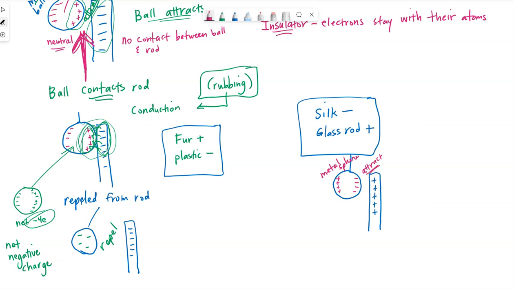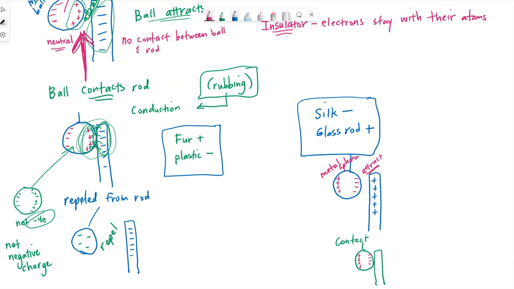As soon as it does make contact with the rod, so let me draw this out, contact. Now we want to be careful here. We have this separation of charge, remember. There's no specific reason I've drawn 4 electrons and protons. The amount it separates by is going to depend upon the material and how strongly charged the rod is.